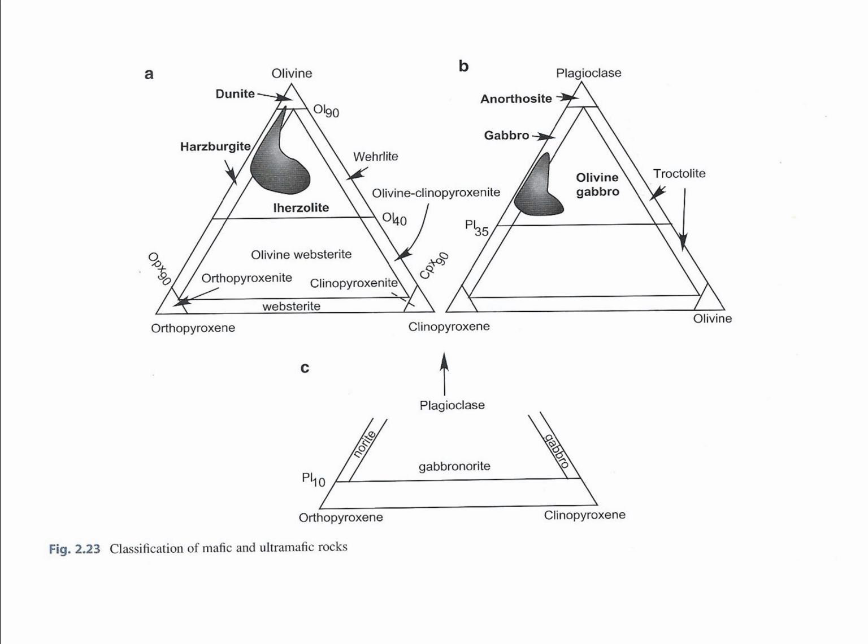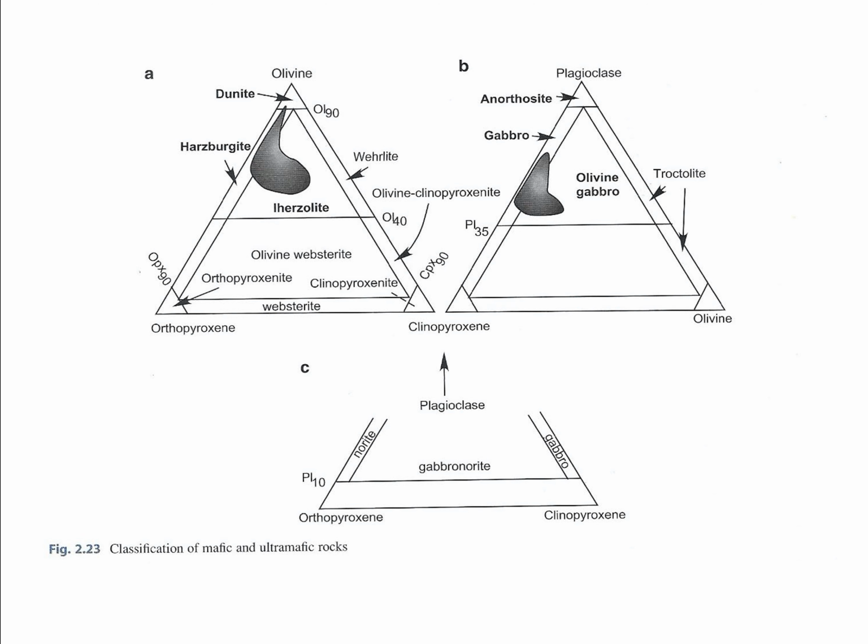Here on the upper left side we have a triangle diagram with the end members at the corners: olivine, orthopyroxene, clinopyroxene. You know already from your third year class that we are talking about ultramafic rocks in that diagram. If our rock contains more than 90% olivine, we are talking about a dunite.